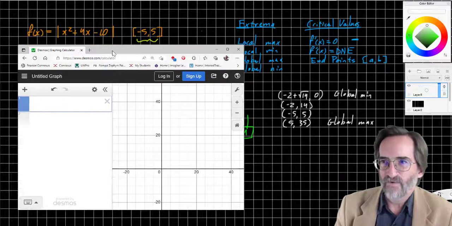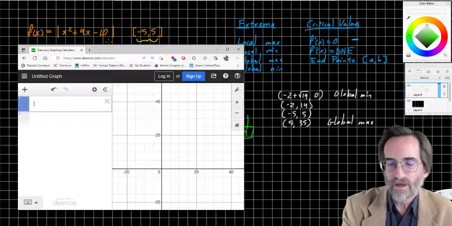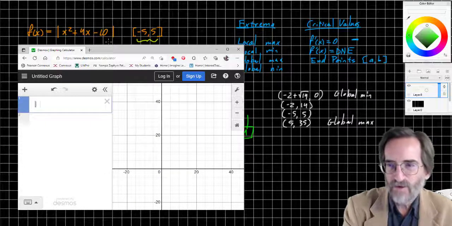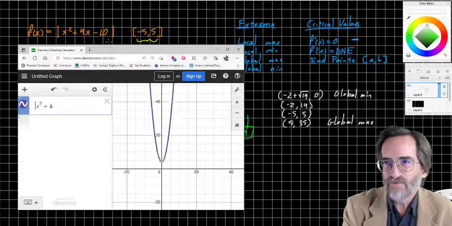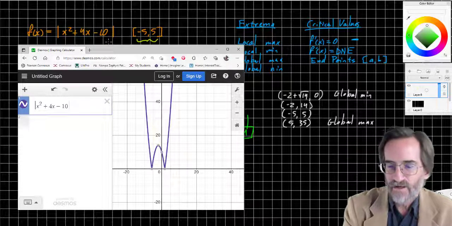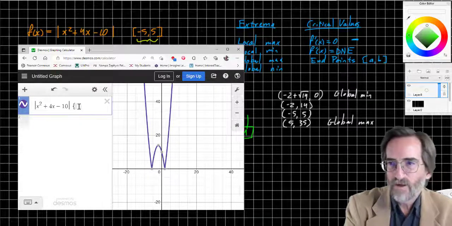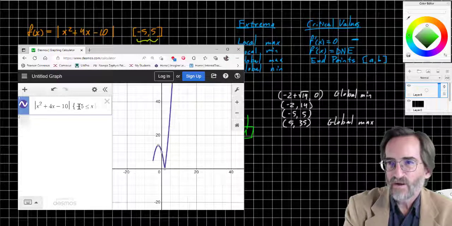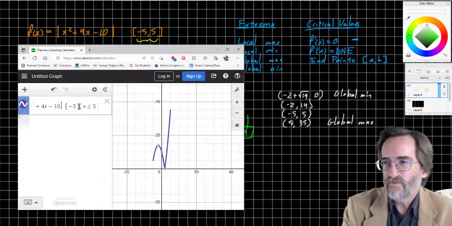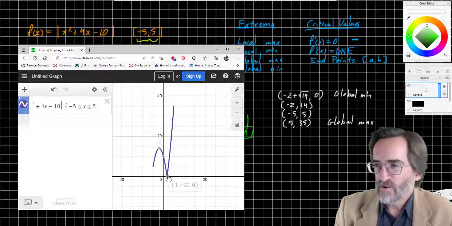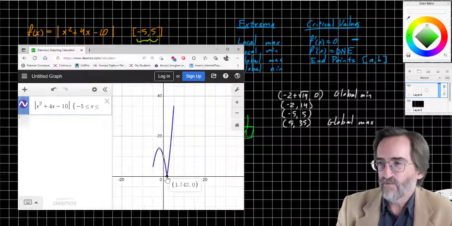So I have our function, absolute value of x squared plus 4x minus 10, close absolute value, from negative 5 inclusive to 5. We can see the global minimum here is at 1.74, that was negative 2 plus root 14, 0.